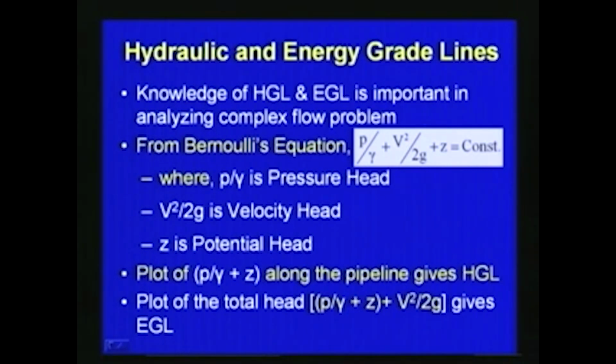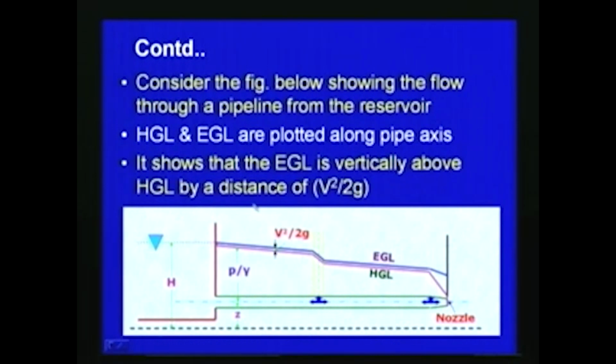Since we are using the Bernoulli's equation, both the hydraulic gradient line and the energy gradient line are obtained from the Bernoulli's equation. If you consider this figure, there is a tank or reservoir, and then a pipe going like this, with a nozzle at the end of the pipe.